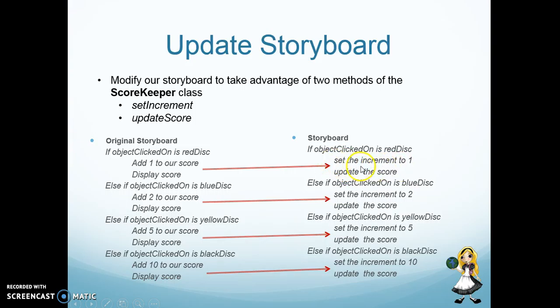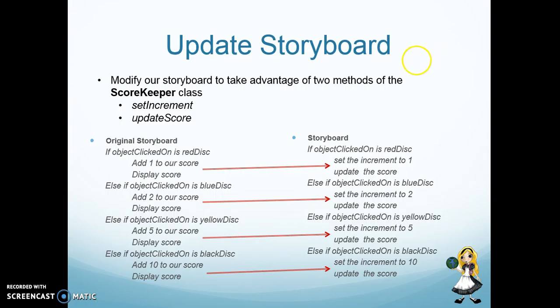Increment means to increase. Okay, so what we're going to do, I'm developing the storyboard a little bit more. If you want to increase by 1 or increase by 2 or increase by 5 or increase by 10, then what you do is you set the increment to whatever number you want to increase by. By the way, if you wanted to decrease the score, you would use decrement.